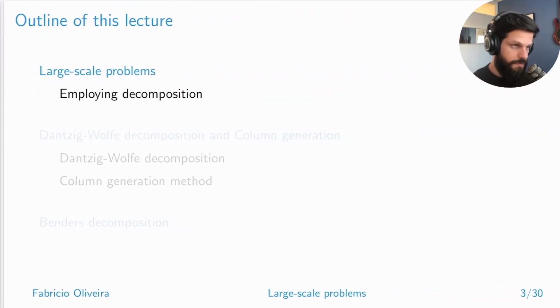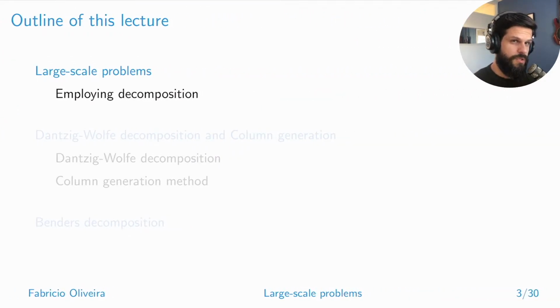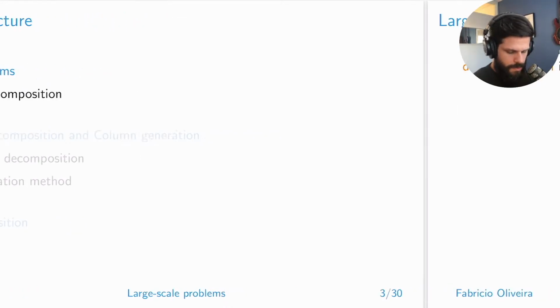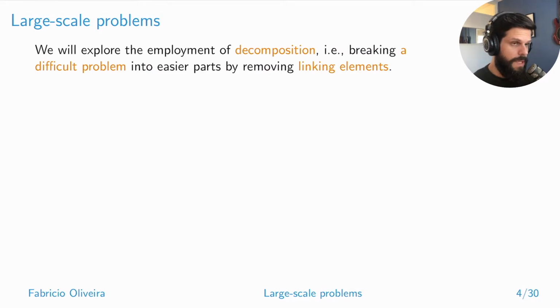Right. So let's first in this video discuss this notion of decomposition, and how it's gonna play a role. What does it mean to decompose a mathematical programming problem? So basically, the main idea is that we are with this objective of looking into a large problem and breaking it into small parts, we'll be in search of finding how can we remove any linking elements that it might have, such that we can then employ this notion of breaking it into smaller problems.